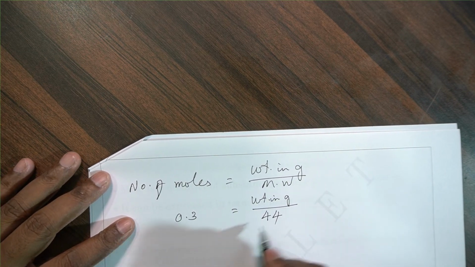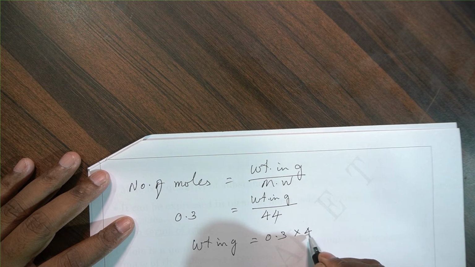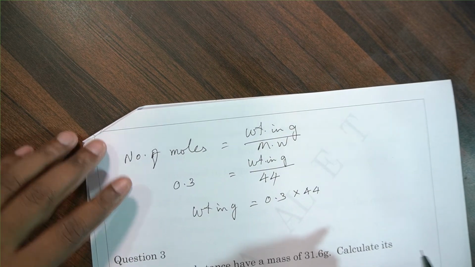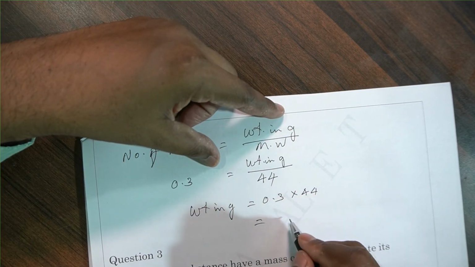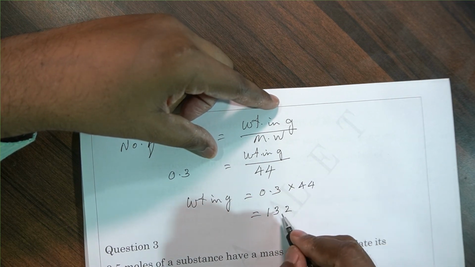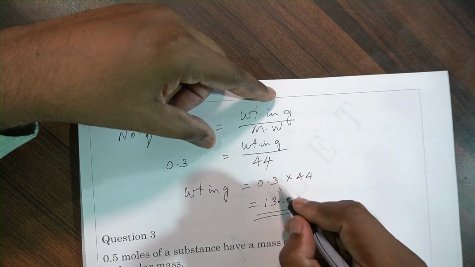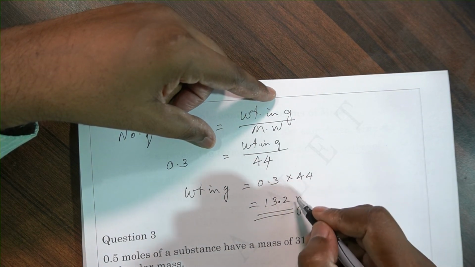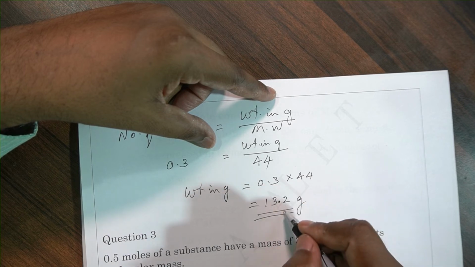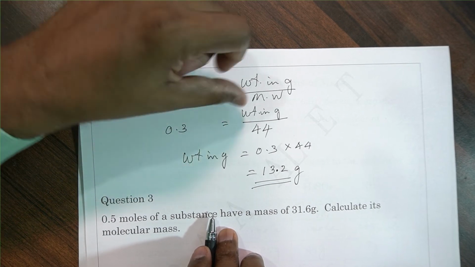So what is weight in grams? You can cross multiply. Weight in grams is equal to 0.3 into 44. So it will be 13.2 grams. You can multiply: 3 4s are 12, another 3 4s are 12, and 1, 13, and 1 decimal, 13.2 grams. This is the mass of 0.3 moles of carbon dioxide.